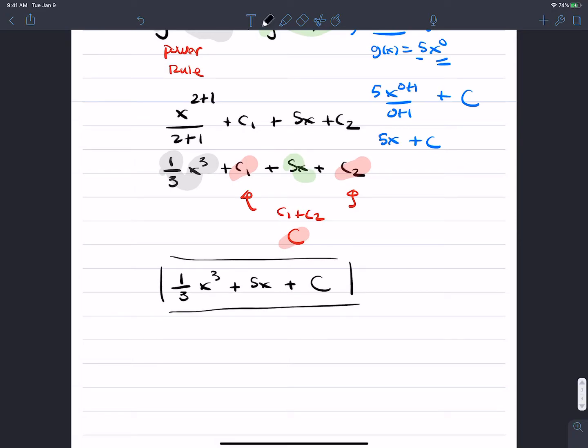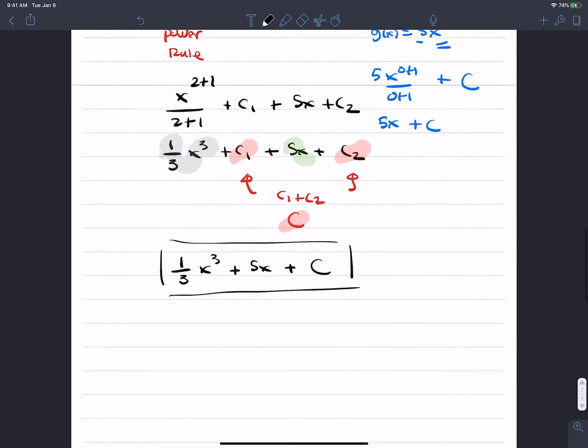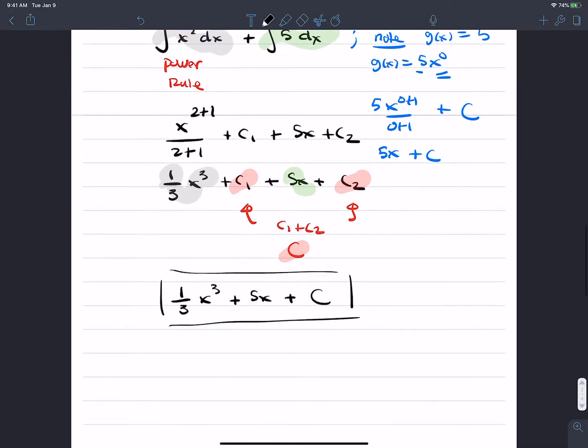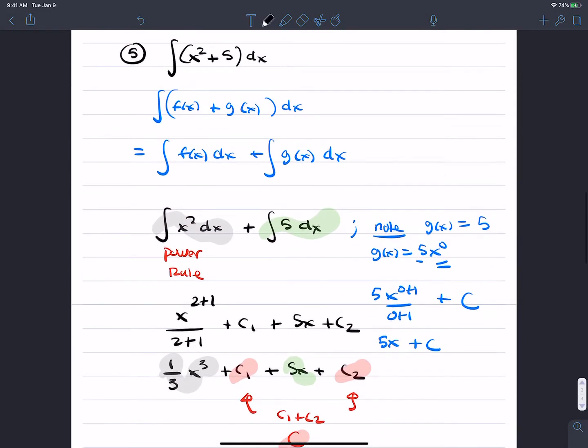There are various ways to answer this kind of question. Some books will put constant C for the first one, some books will put constant D and then a constant E. They go crazy with the constants here. But if you know they're just constants, any constant plus a constant, which really means number plus number, is just a number. So this is how we integrate the integral of a sum.